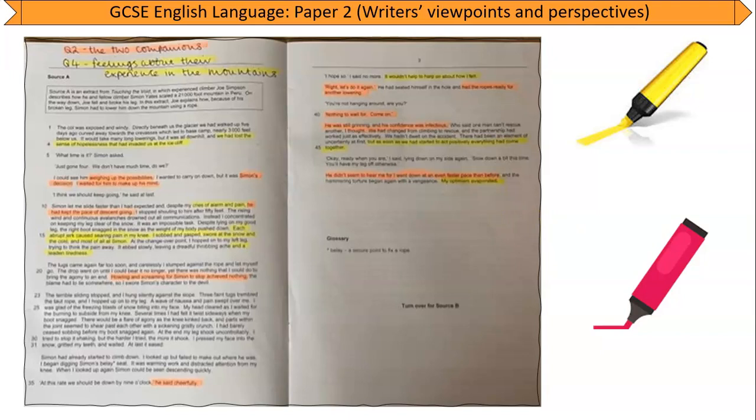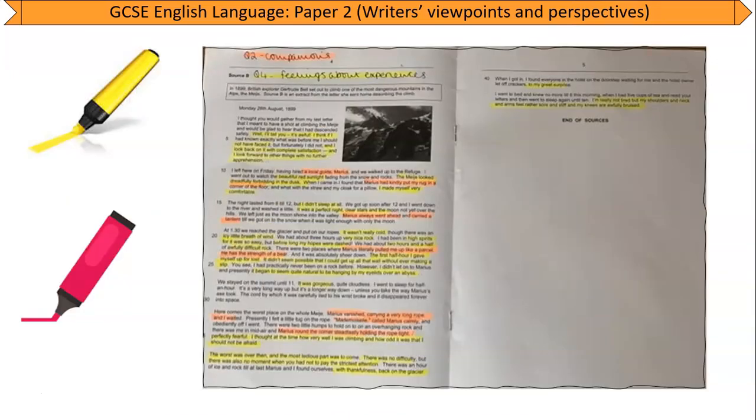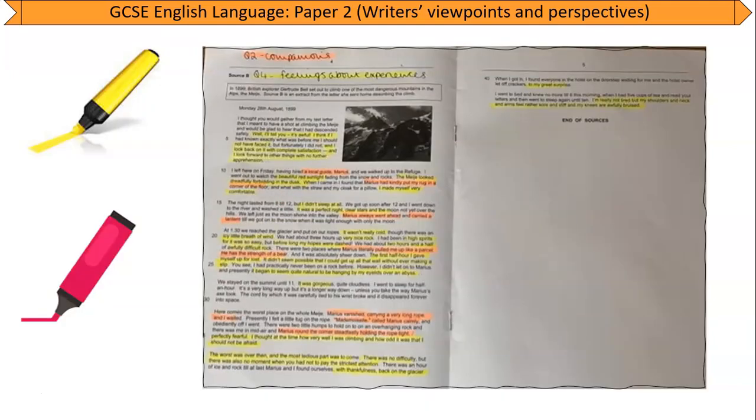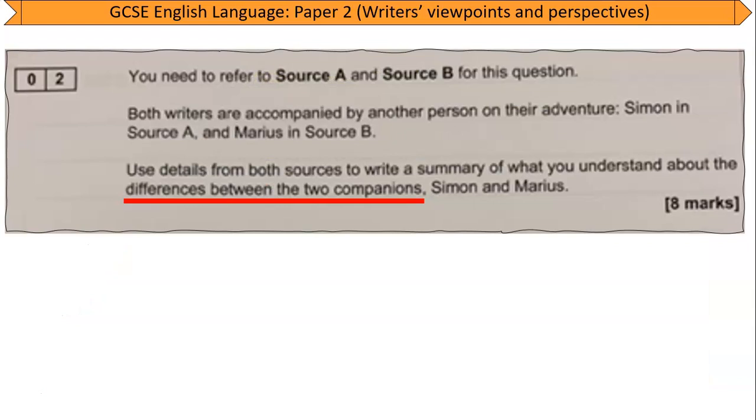We're now going to think about paper 2, question 2, and we're going to have a little think about how we best approach that. So we have got source A and source B nicely highlighted, ready to approach this 8-mark question.